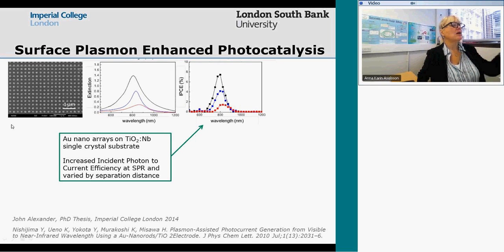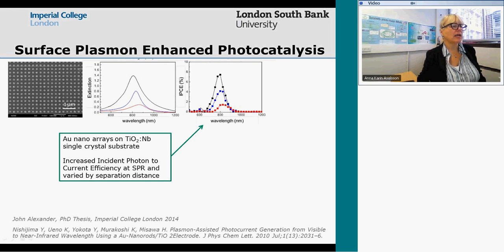So the point is, our knowledge is that if there are gold particles on a titanium photocatalytic surface in a nice array, the extinction of the incoming light has a peak around 800 nanometers. This must be from the surface plasmon.